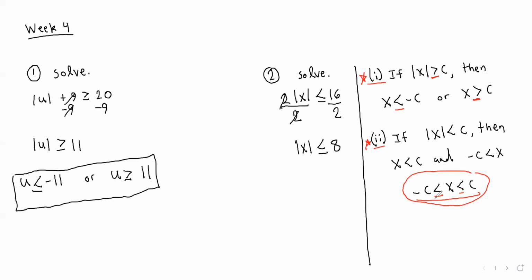So we write x less than or equal to 8, then greater than or equal to minus 8. And this forms our solution, just by applying rule 2. Okay, let's move on.